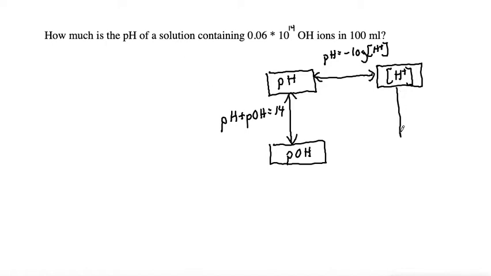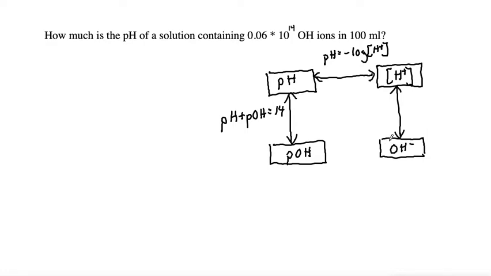Also, if we have the concentration of H⁺ ions, we can find pH. But here we're talking about OH⁻ ions.